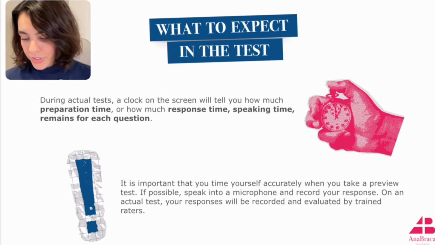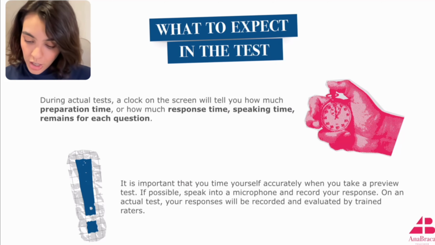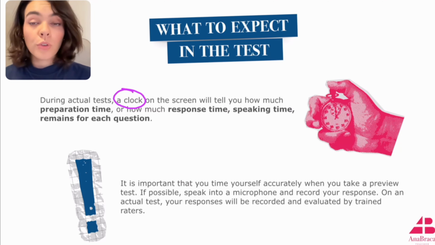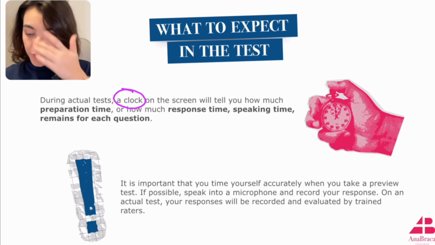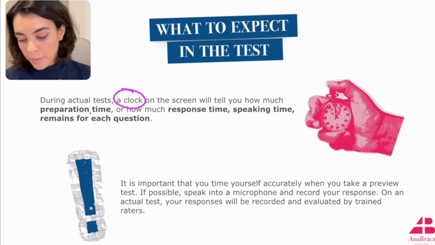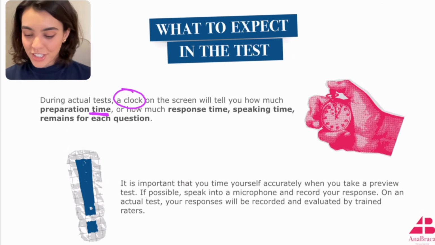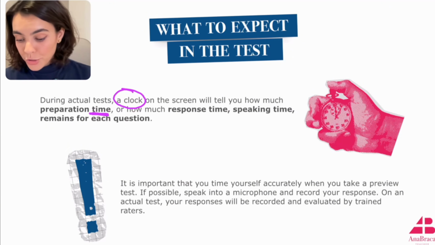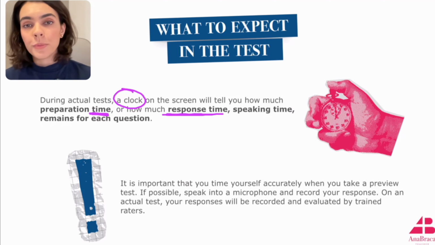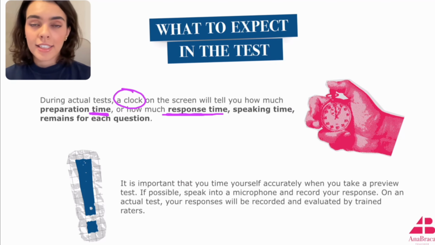So during the actual test, you will have a clock on the screen, and this clock will tell you how much preparation time you have left and how much response time you have. It will be counting until the 60 seconds, for example.